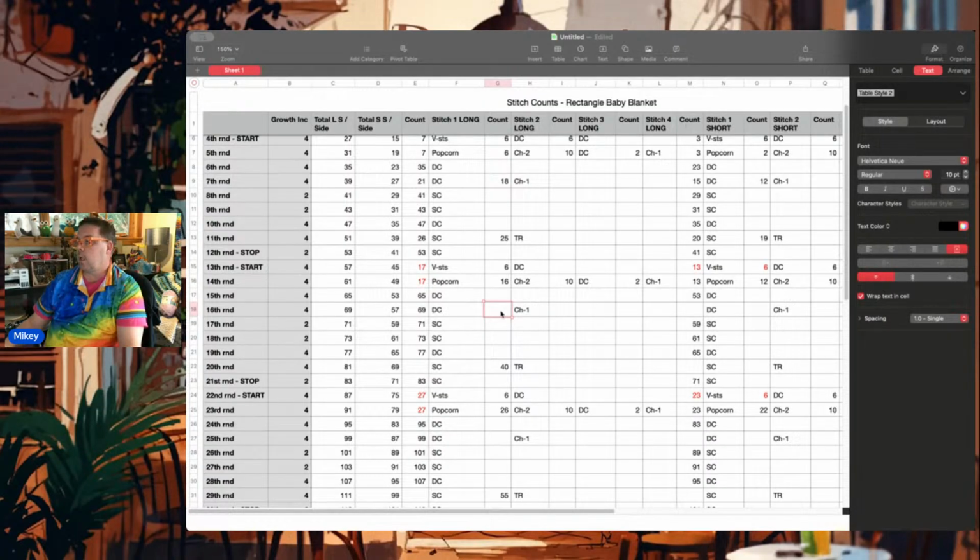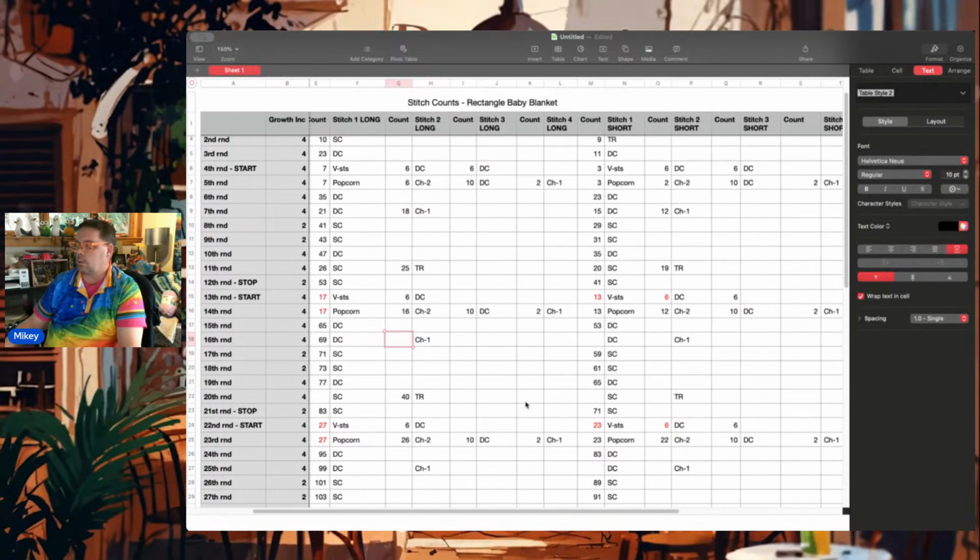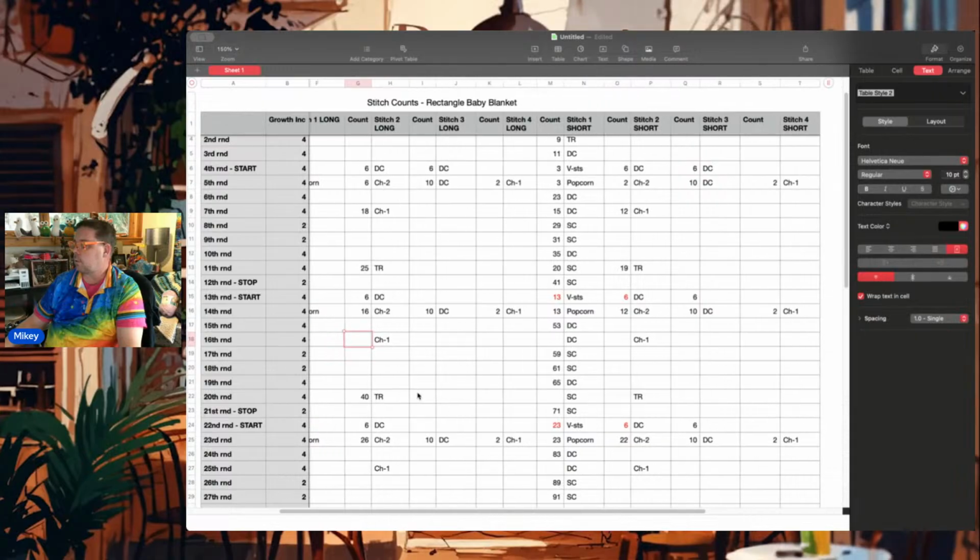Okay, double crochet, these are the chain ones. Actually, let's do the other one too while we're here, the trebles.